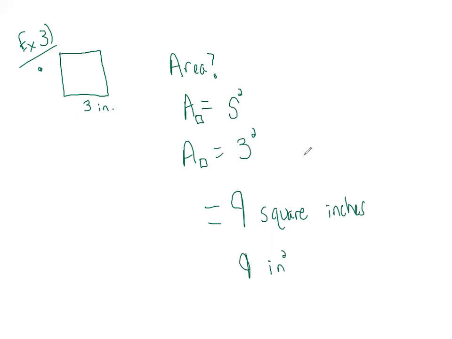Remember, the reason is because as we're squaring the number 3, we're doing 3 inches times 3 inches. 3 times 3 is 9. Inches times inches is inches squared.